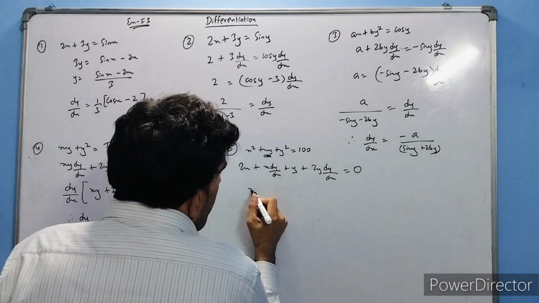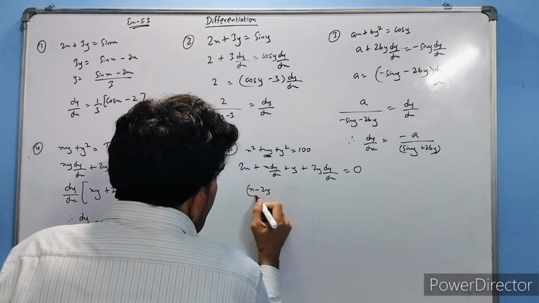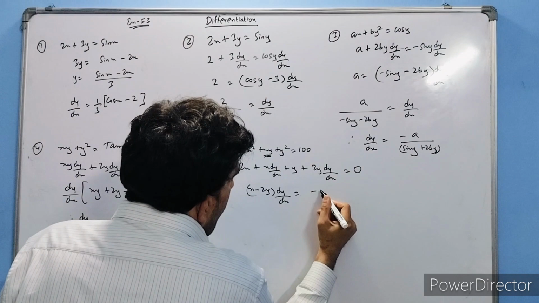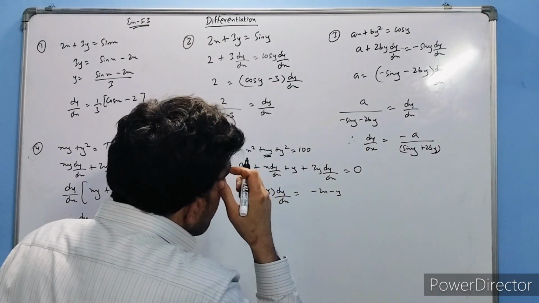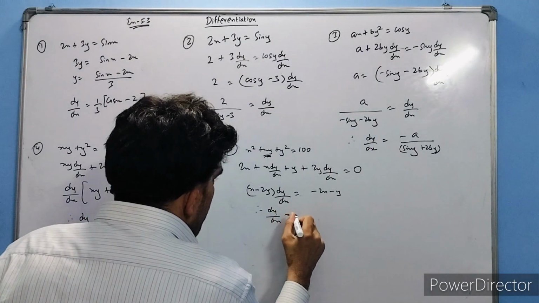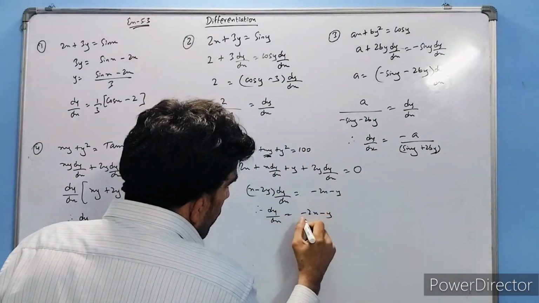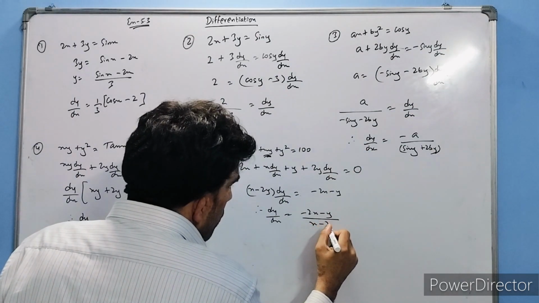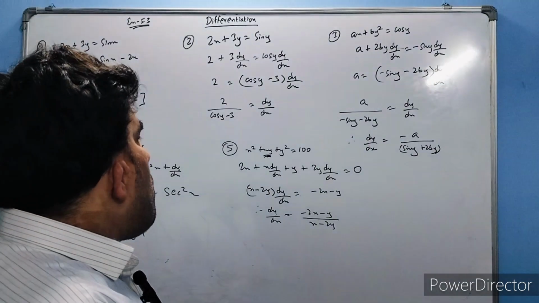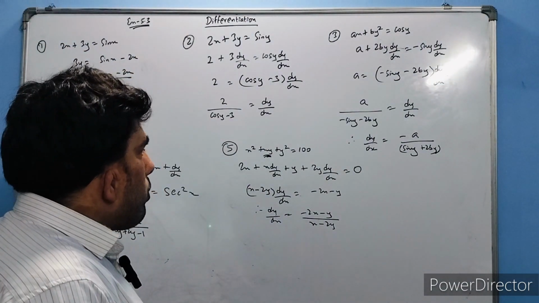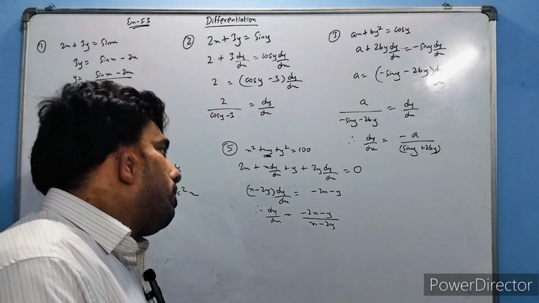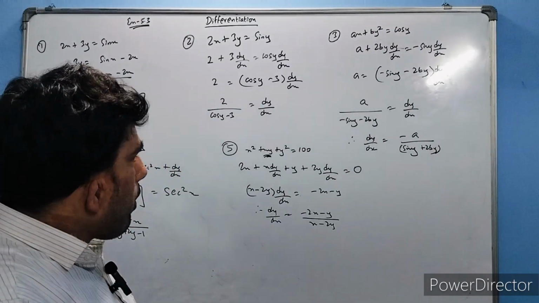So we find (x plus 2y) dy upon dx is equal to minus 2x minus y. Therefore, dy upon dx is equal to minus (2x plus y) upon (x plus 2y). That is how we are able to differentiate an implicit function. That is what they have given.